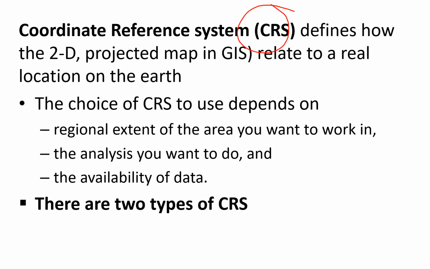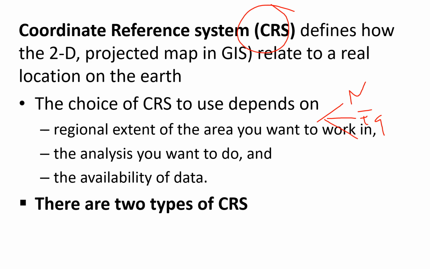One is the regional extent of the area that you want to work in, whether this area is in the north or southern pole, or it is near the equator. But also the analysis that you want to do and the availability of data.